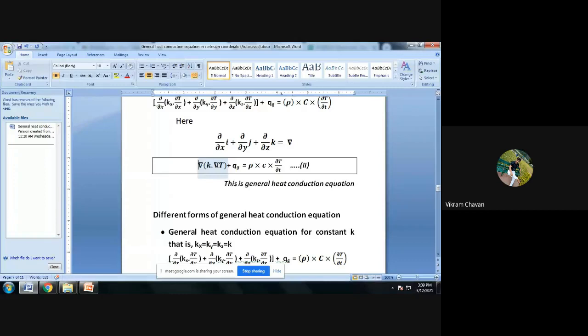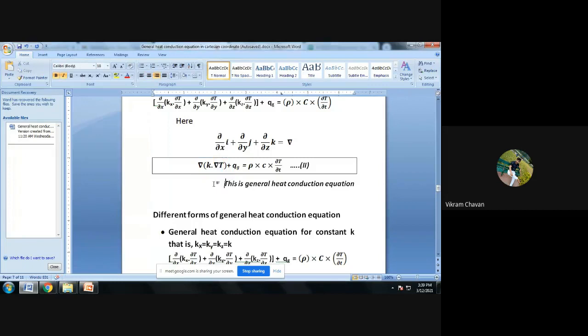The del operator is used for this bracket and also for the temperature, which suggests that the bracket changes with respect to the axis, and the temperature is also changing with respect to the direction, or the axis.